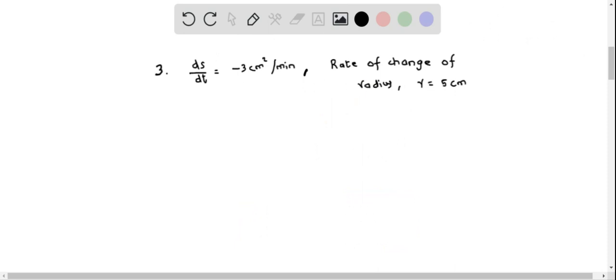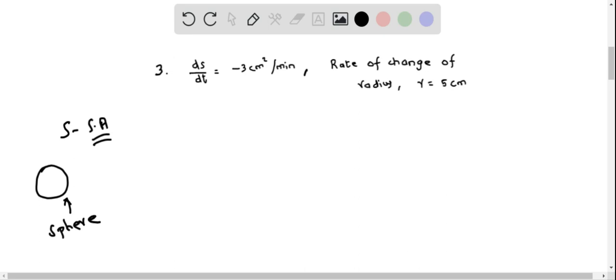Let's do question 3. So here in this question, we are given that a snowball melts so that its surface area decreases at a rate of 3 centimeters square per minute. So if S represents the surface area of the snowball, a snowball is basically spherical, so we can consider that this is a sphere.